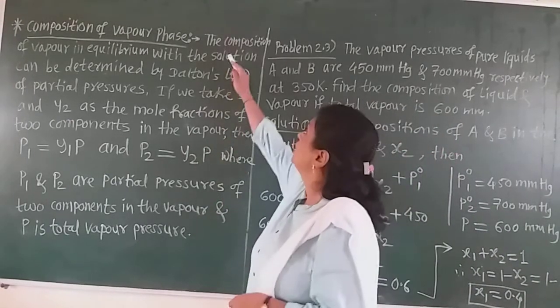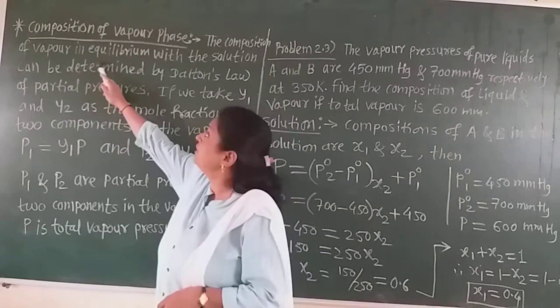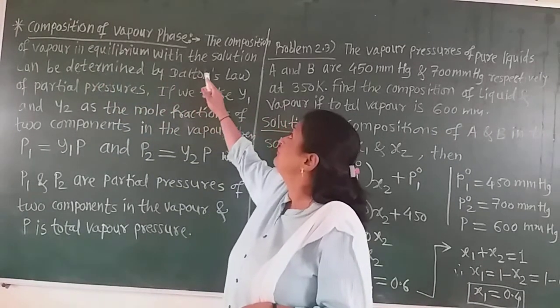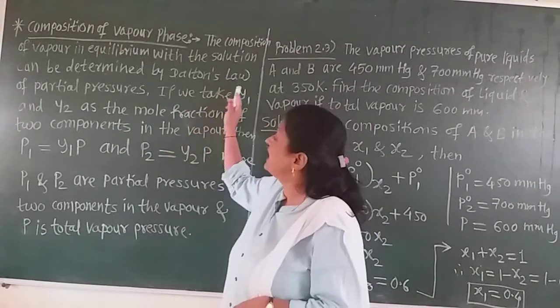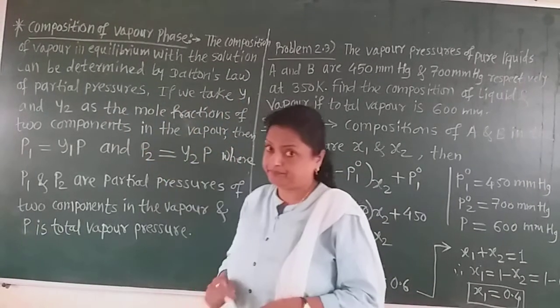See here, the composition of vapor in equilibrium with the solution can be determined by using Dalton's law of partial pressure.